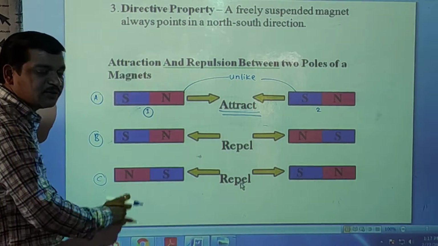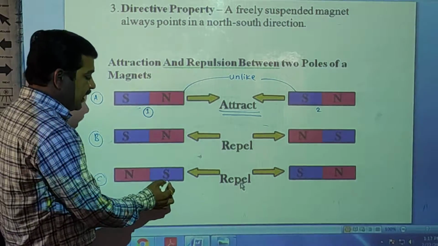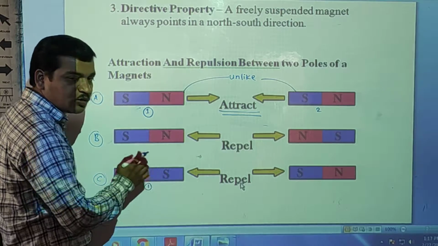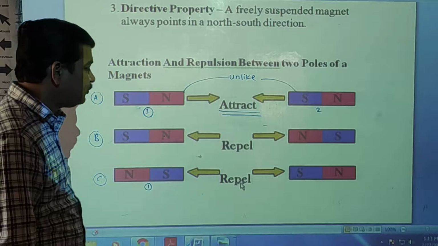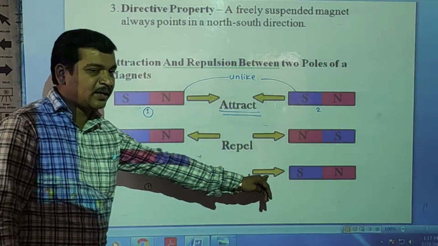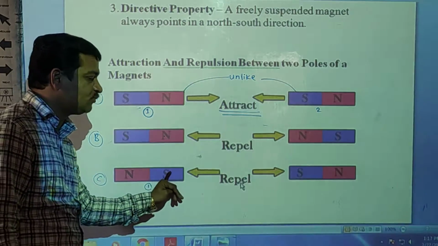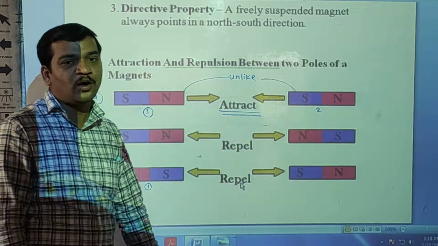Now in figure C, can you see this figure C? Now see here, this first magnet has a north pole and south pole again. The second magnet also has a south pole and north pole. If you place both the magnets in this way, with the first magnet's south pole facing the second magnet's south pole, what will happen?